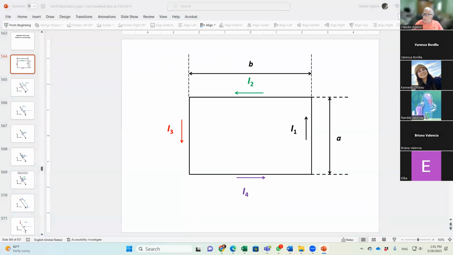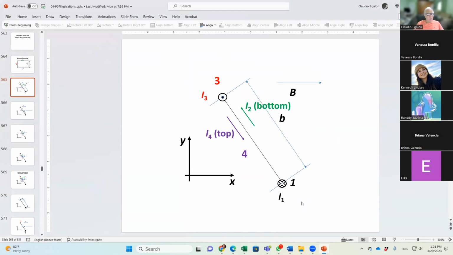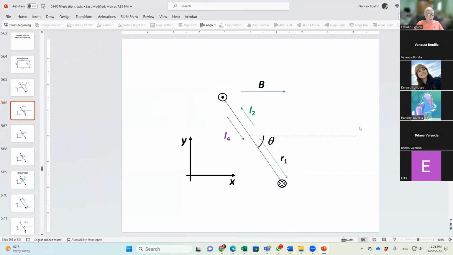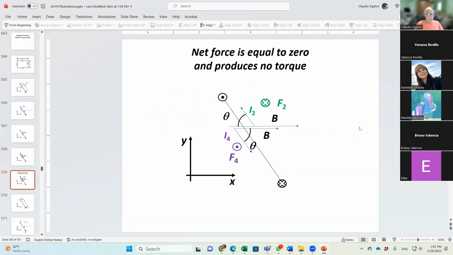Okay, good. So if at this angle here, the top and bottom are making an angle, here's the area vector making an angle with the B field. The force is going to be non-zero.